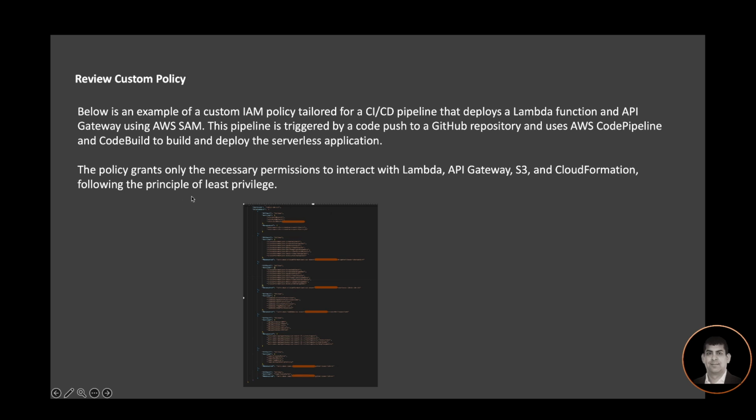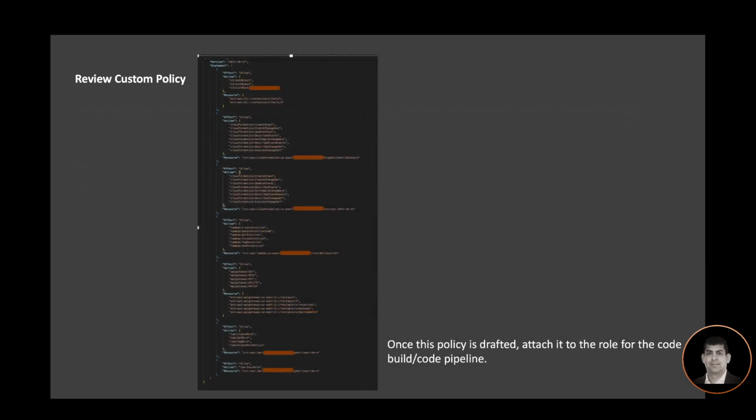The policy grants only the necessary permissions to interact with Lambda, API Gateway, S3, and CloudFormation, following the principle of least privilege. These are different sections around these permissions baked into this custom policy that is going to be used for this CI/CD pipeline. So let's look at a bigger view here.